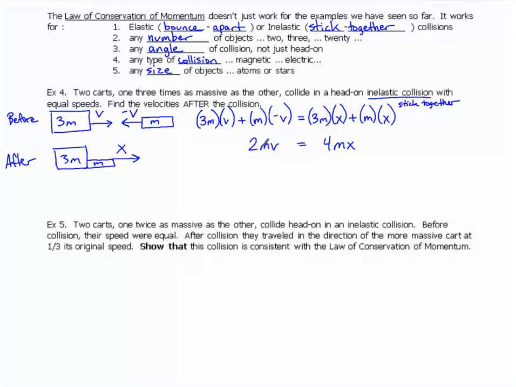We have m as a factor on both sides. They can just cancel out. And so we have 2v equals 4x. Divide both sides by 4, and we find that x equals 1/2 the velocity.